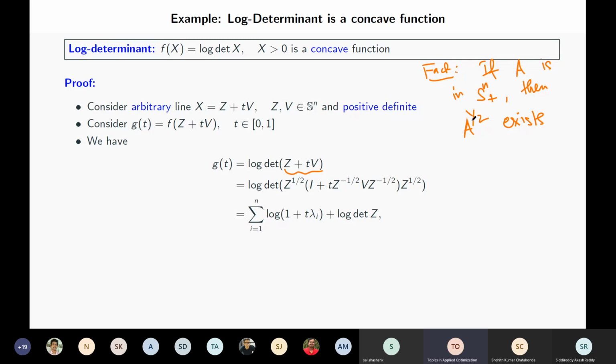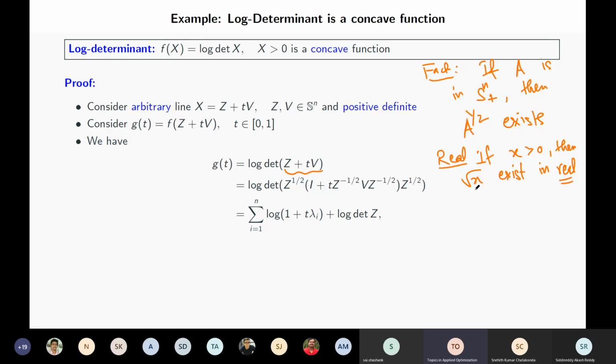In the case of real numbers, you know that the square root exists if x is greater than 0, then the square root of x exists in the reals. And if x is less than 0, then the square root of x does not exist in the reals.